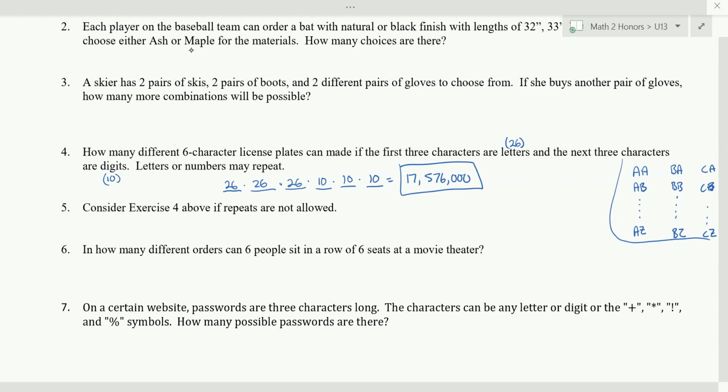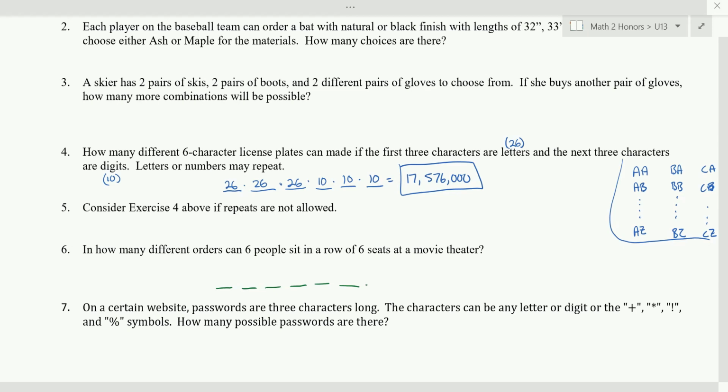Anybody have an idea how to approach this problem? Got 6 seats. Here they are. No ideas? Yeah? Okay. Can you tell me why?